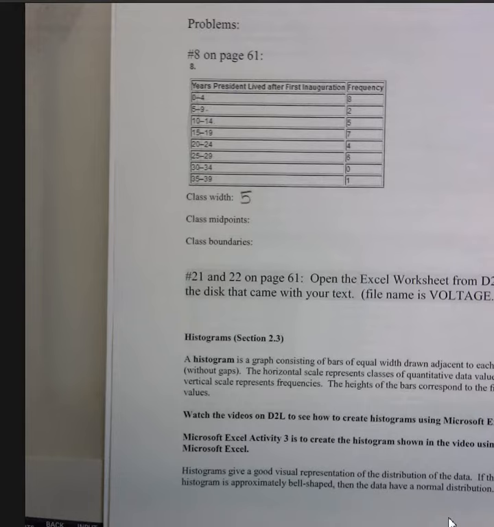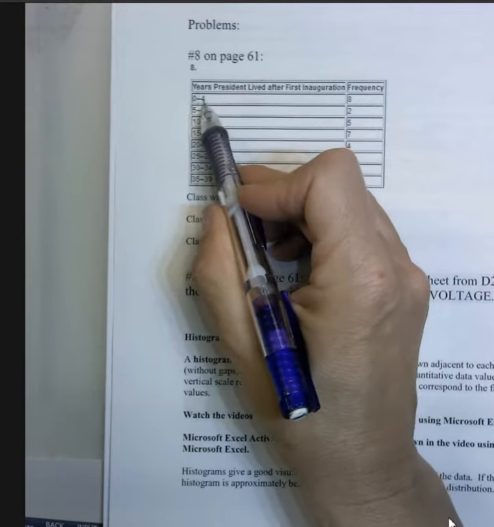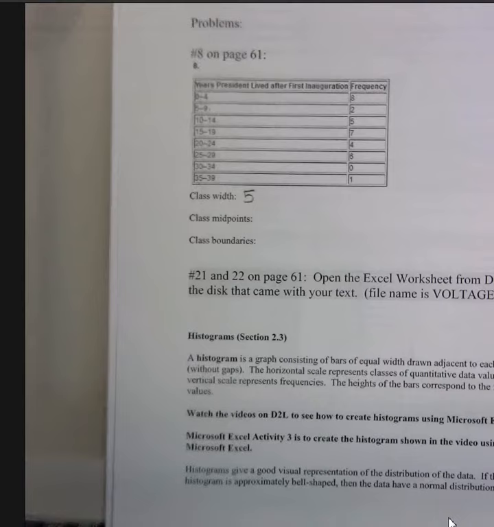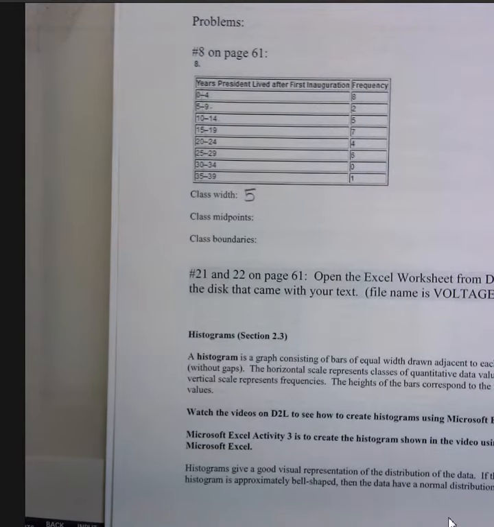And on Tuesday, we saw there were a couple different ways of finding the class midpoints. You could either use the lower and upper to find the class midpoint, or if you know the class boundaries, you could take the average of the class boundaries. But since we can do it just based on the upper and lower endpoints of a class, let's just do that.